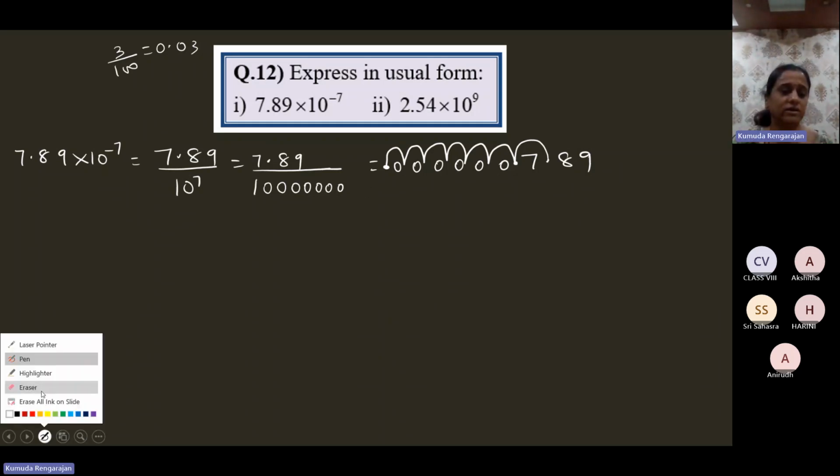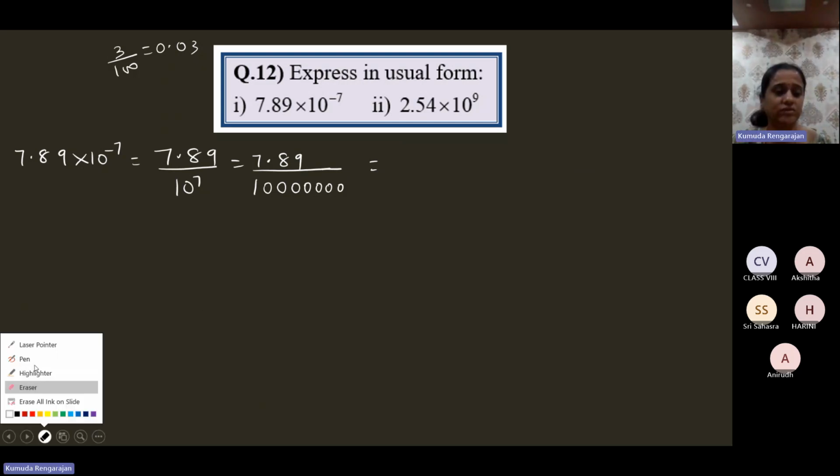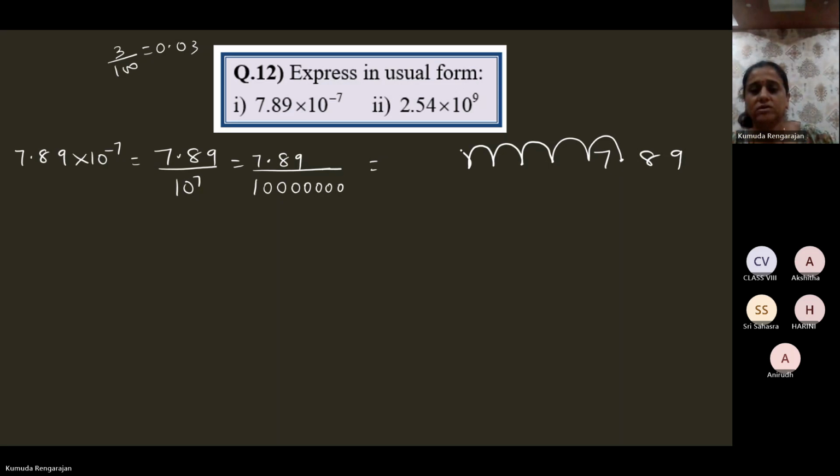I'll show this part again, children. You'll have to shift the decimal point to the left by 7 places because 7 zeros, 7 places. So see here, 7.89. So you'll have to shift the decimal point to the left by 7 places. So it's here, 1, 2, 3, 4, 5, 6, 7.